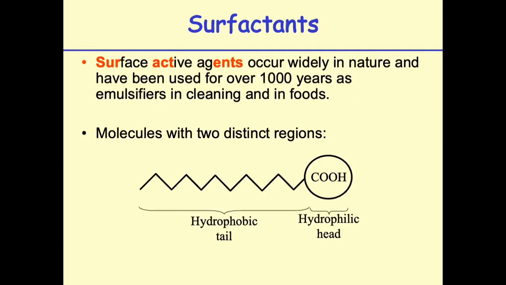So something that's going to make the surface tension decrease is a surface active agent or a surfactant. And they occur widely in nature, and they've been used for thousands of years in emulsifiers, in cleaning and in foods. So things like ice cream, milk, butter will all have surfactants in them.